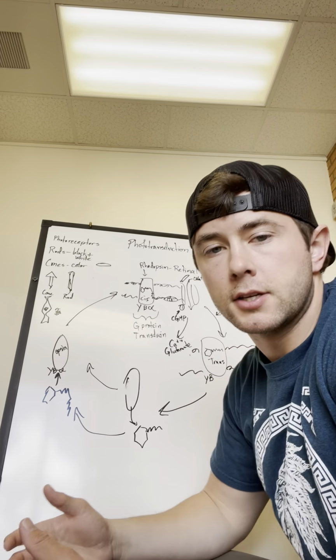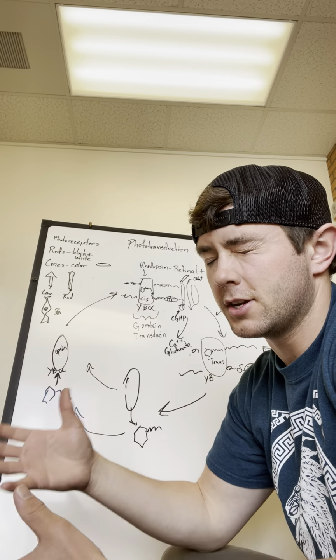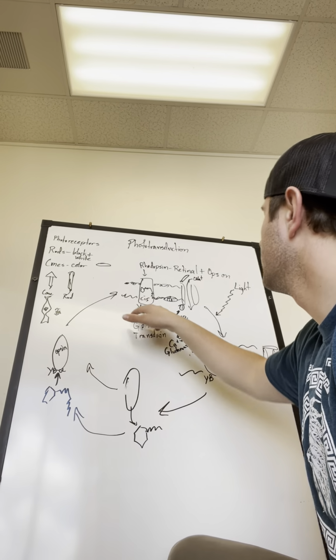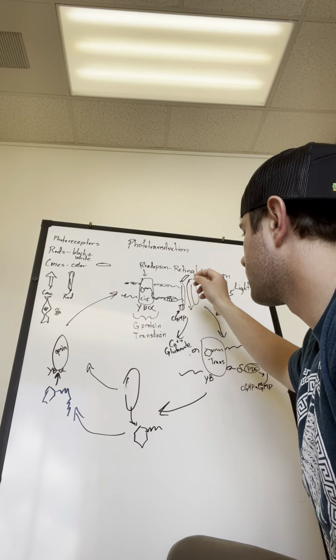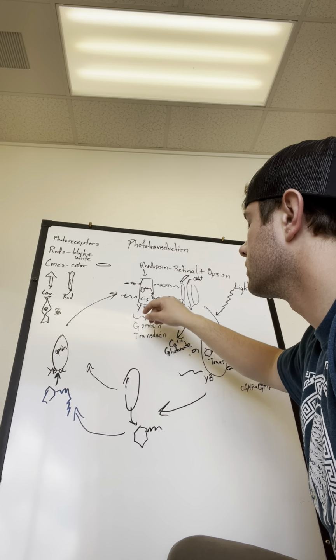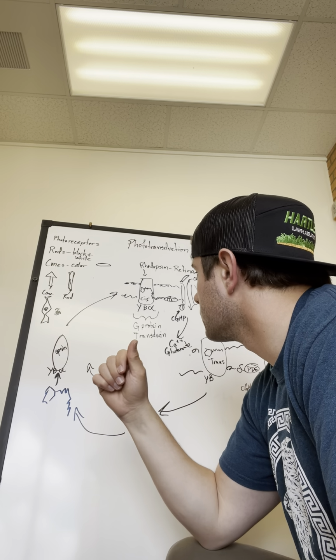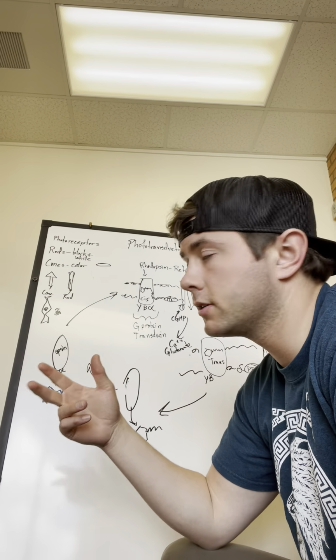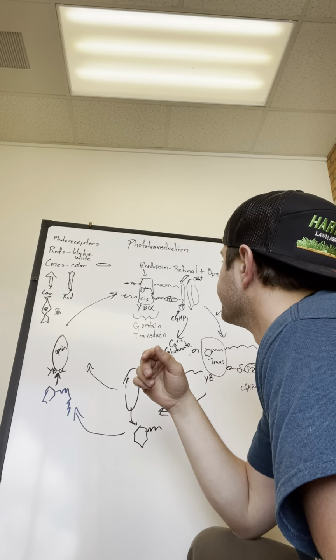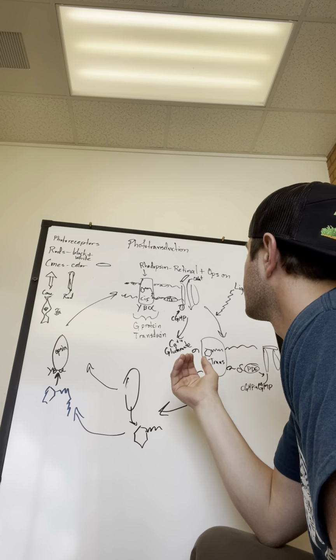Keep in mind, rhodopsin is a G protein coupled receptor. So down here you have your G protein called transducin, and it has three components or subunits. You have a gamma, a beta, and an alpha subunit. So what happens?